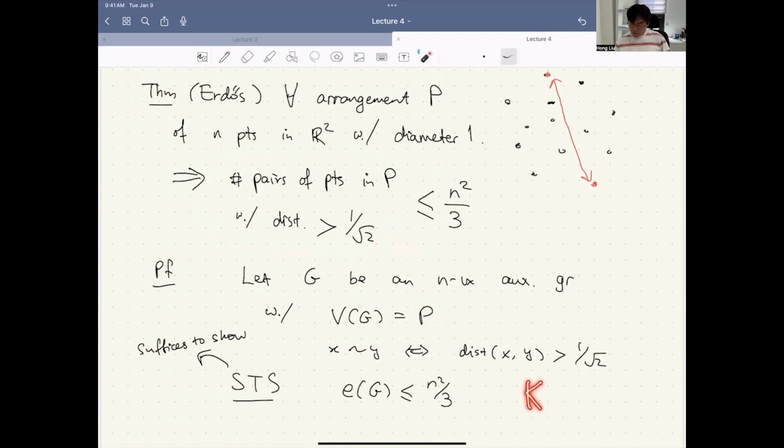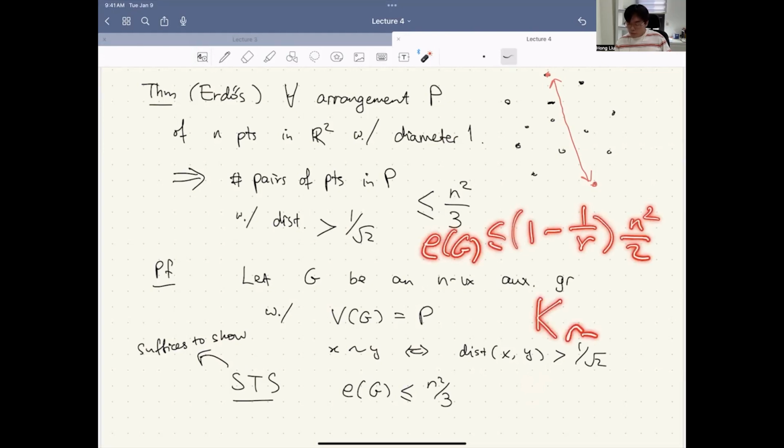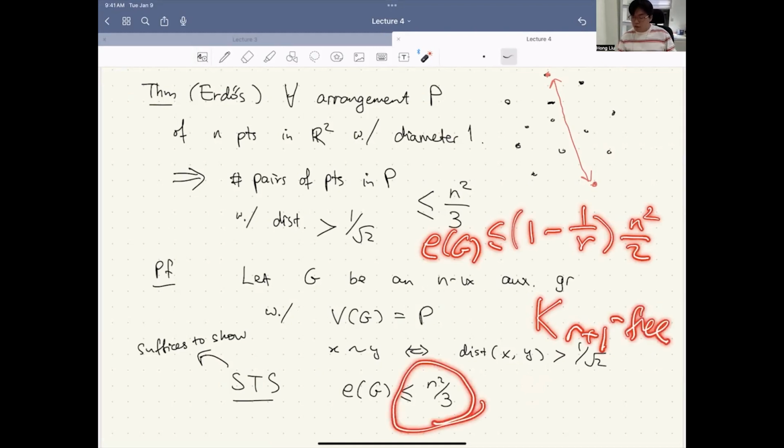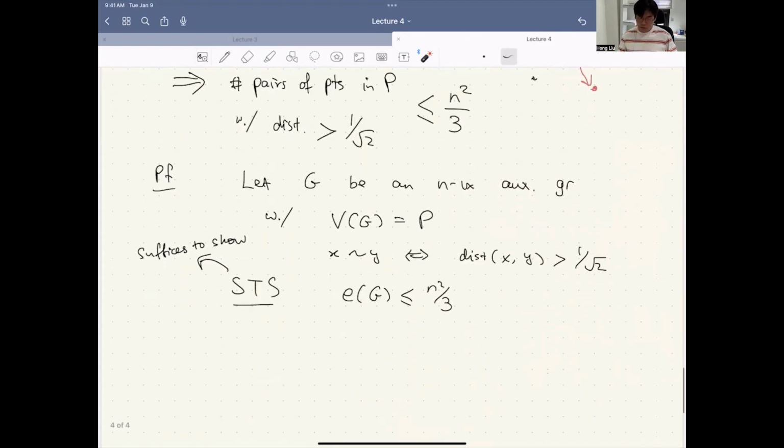If you recall, Turan's theorem says the number of edges of G is at most (1 minus 1 over R) times n squared over 2 when G is K_{R+1}-free. What's this quantity? n squared over 3. That's precisely when R equals 3 here. So that means we just need to prove this graph G is K4-free.